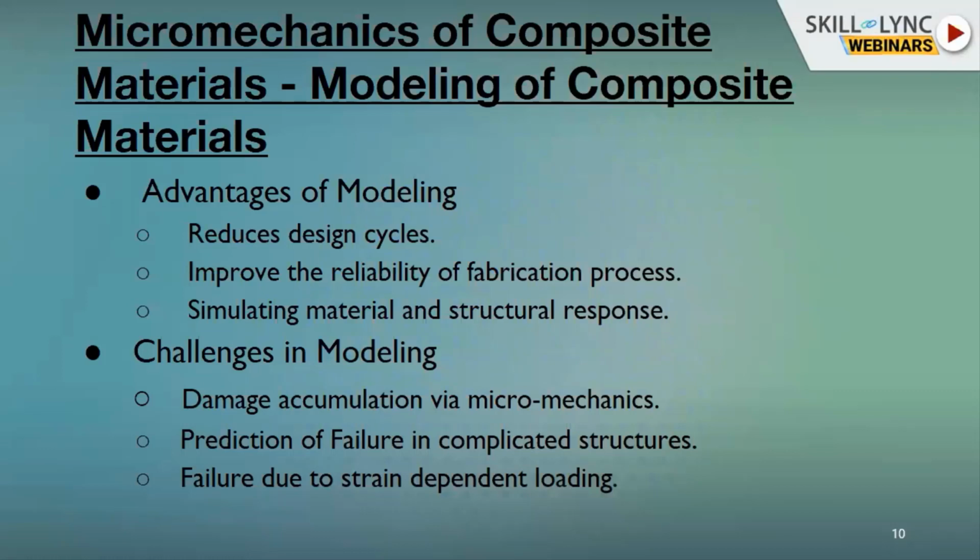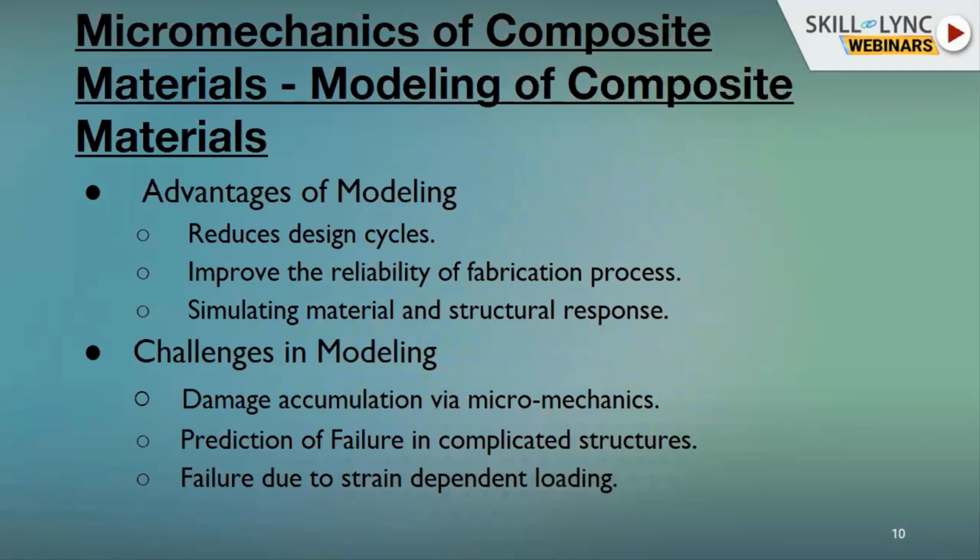So modeling of composite materials, or modeling any structural component before making a prototype, gives various advantages in designing, reducing the design cycles. It will also help in improving the reliability of the fabrication process. In the fabrication process, there could be a lot of uncertainties when it comes to predicting or capturing the correct requirement of the component.